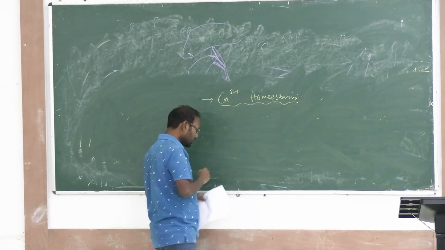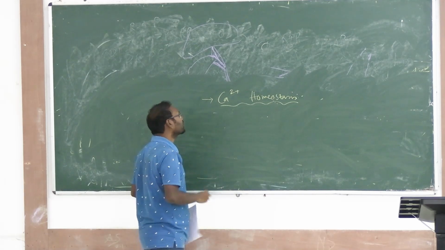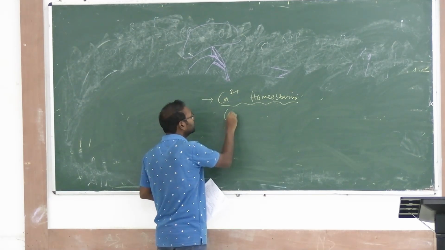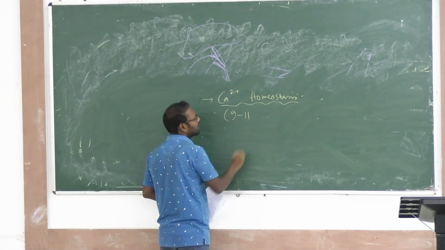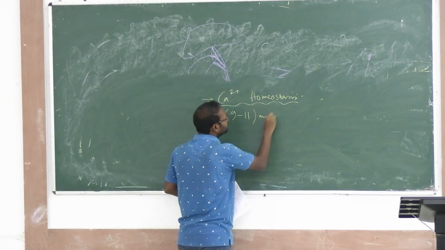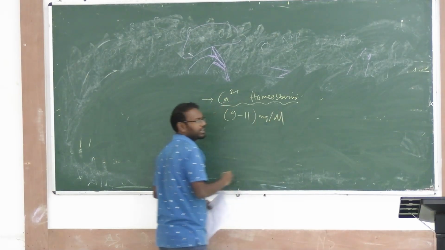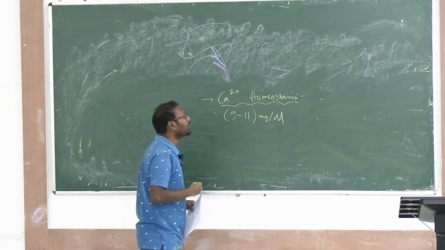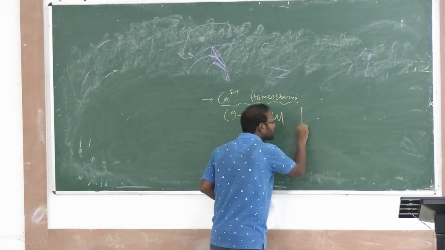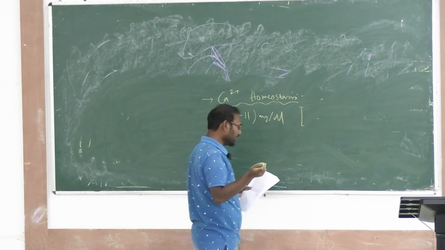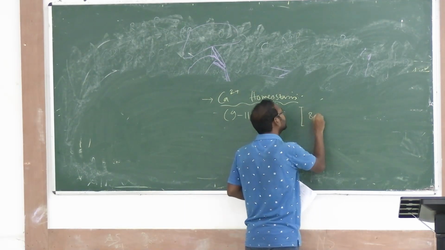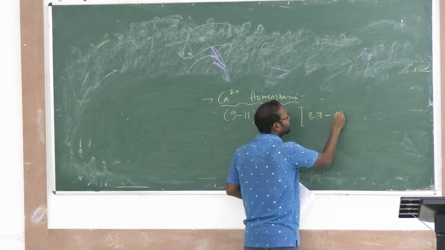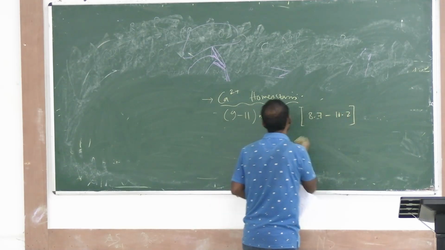Calcium homeostasis. So normal calcium level typically we can say is between 9 to 11 mg per dL. If you don't remember, remember at least this. And if you want to be very specific, that is 8.7 to 10.2 mg per dL.